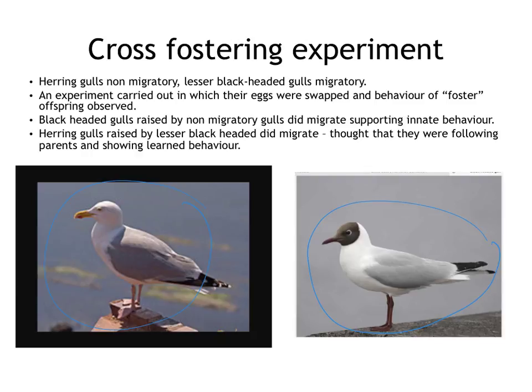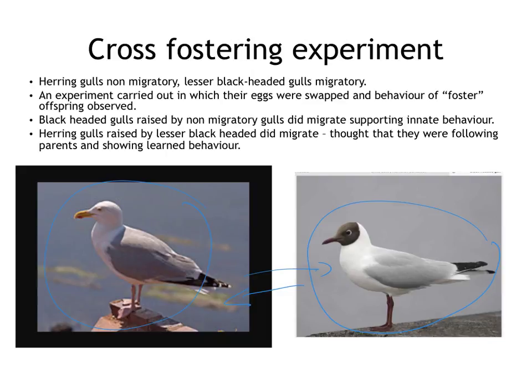Now, what happened in this experiment, the eggs were swapped in the nests. So the experiment involved swapping the eggs and looking to see what the behaviour of the fostered birds were. So in other words, the black-headed gull's eggs ended up here in the herring gull's nest and vice versa. So these black-headed gulls ended up being raised by non-migratory gulls.